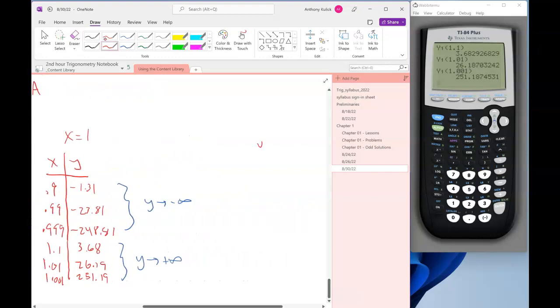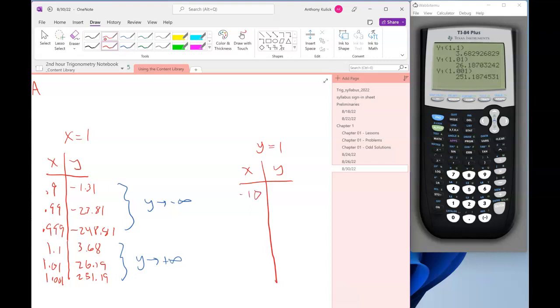Now, if I want to do the horizontal asymptote, is my table going to be set up the same way, where we're just going to get close to 1 from either direction? Yeah, we're looking for the y's to head to 1, but the x's need to be getting progressively very, very big and then also very, very small.